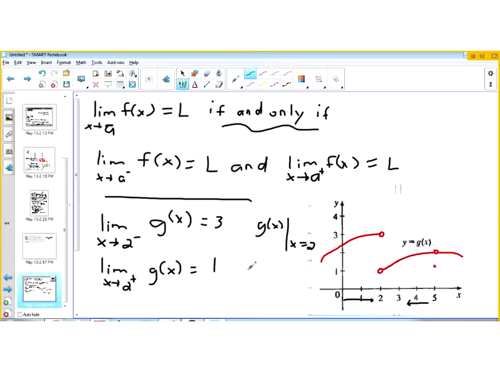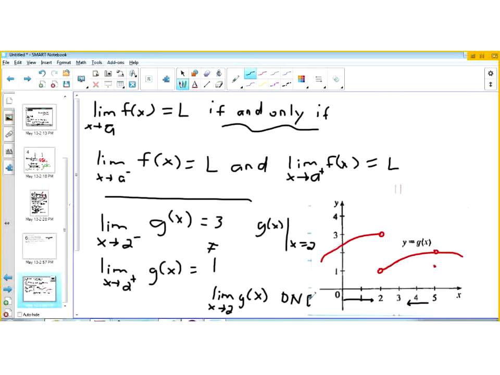So that's 1. Clearly, the left limit does not equal the right limit. And so what kind of conclusion can we draw? Well, we say that the limit as x approaches 2 of g of x does not exist.